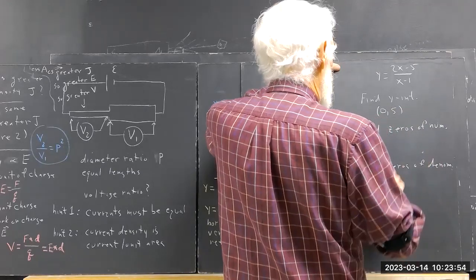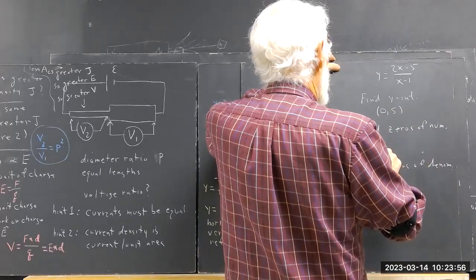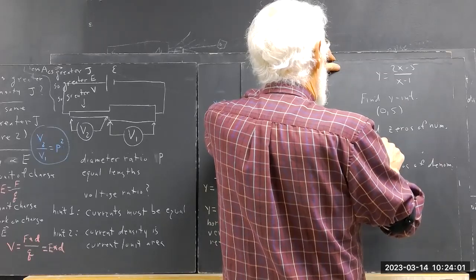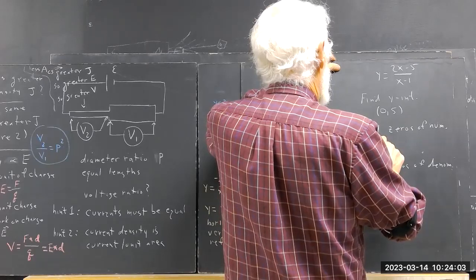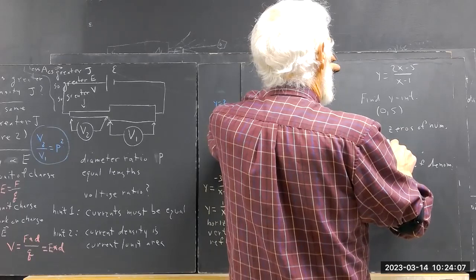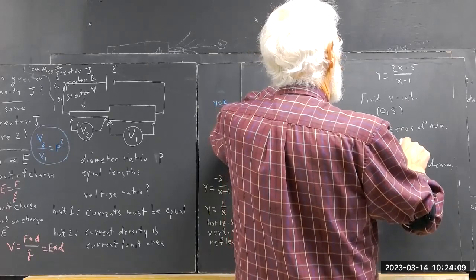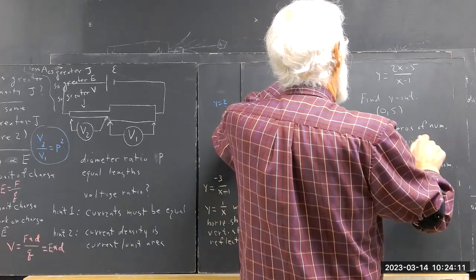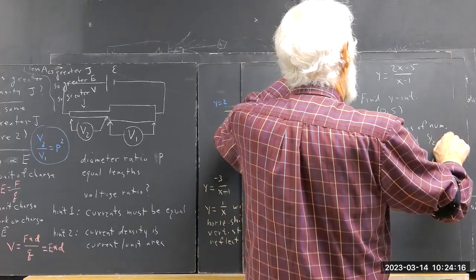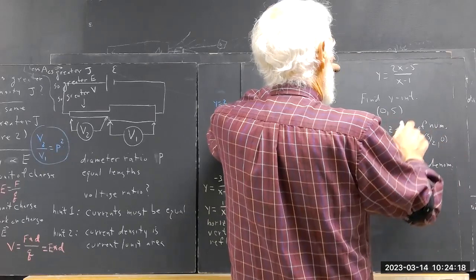Find the zeros of the numerator, and we get x equals 5 halves. We get the point (5/2, 0).